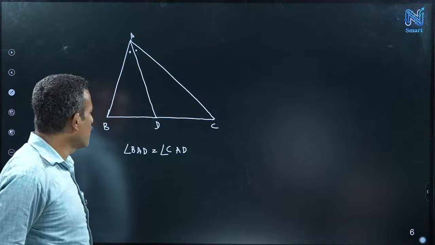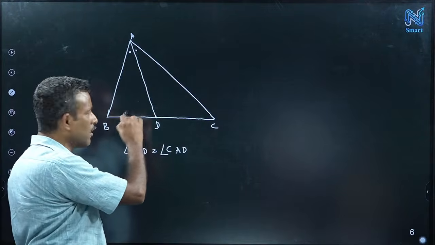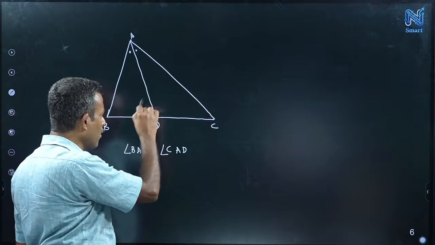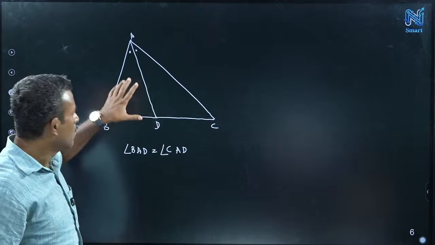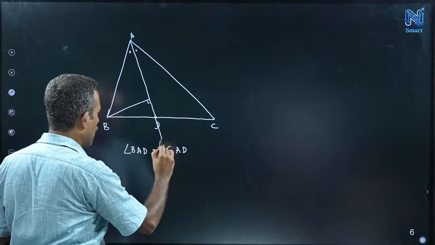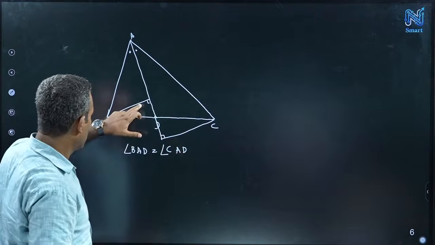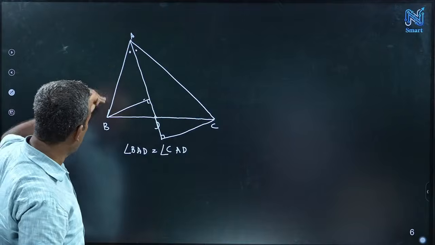Similarities. How do you find the similar triangle? Actually, you have to draw the perpendicular from B on AD, and from C on AD, and then we have some 2 more triangles. Now this triangle and this triangle are similar, and again this triangle and this triangle are similar.